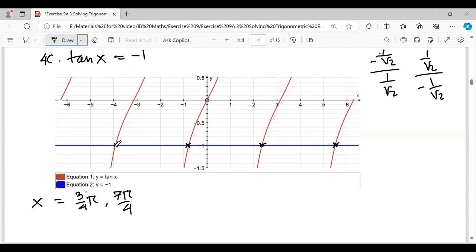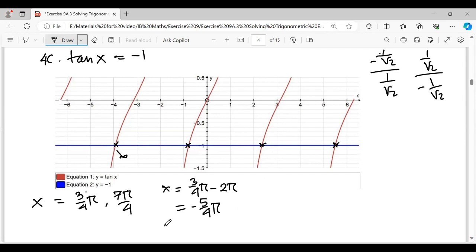The first one is x equals 3/4 pi minus 2 pi. It is -8 plus 3, -5/4 pi. So how about this one? This is -5/4. How about this?